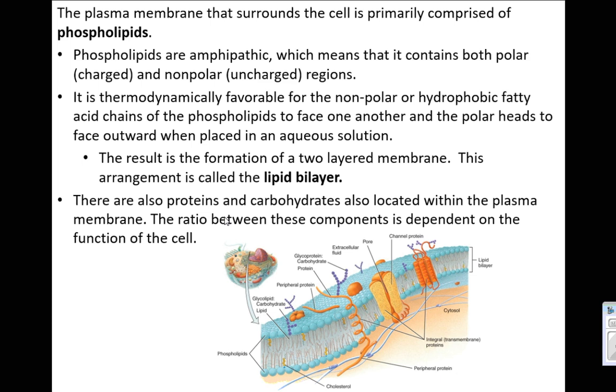We find things like cholesterol, which is a form of fat. We even find glycolipids, which are lipids attached to carbohydrates. Primarily, our cell membranes are made up of phospholipids. But the carbs and proteins provide for other functions, and this ratio between these components is dependent on the function of the cell.